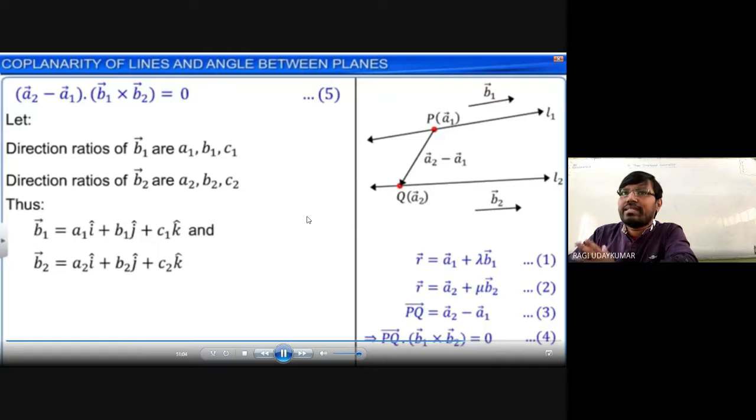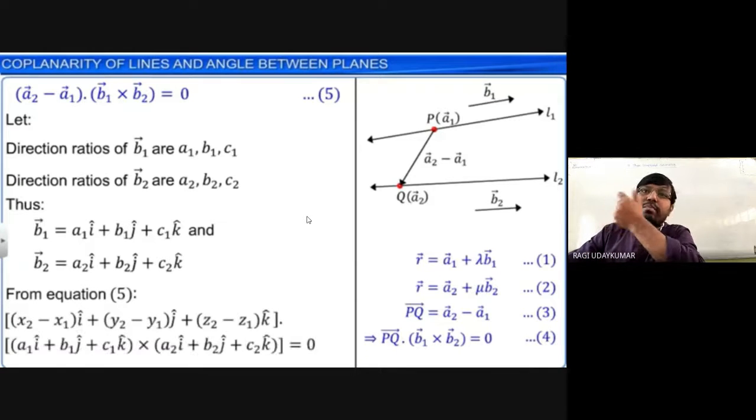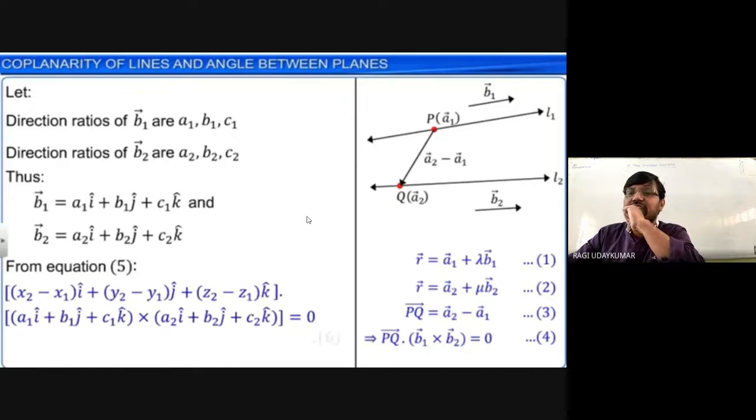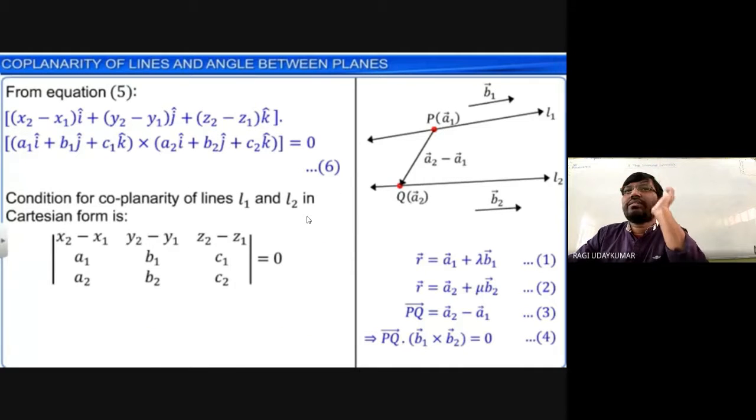So the determinant of x2 minus x1, y2 minus y1, z2 minus z1, a1, b1, c1, a2, b2, c2 is what we get at last. So this condition can be found out.